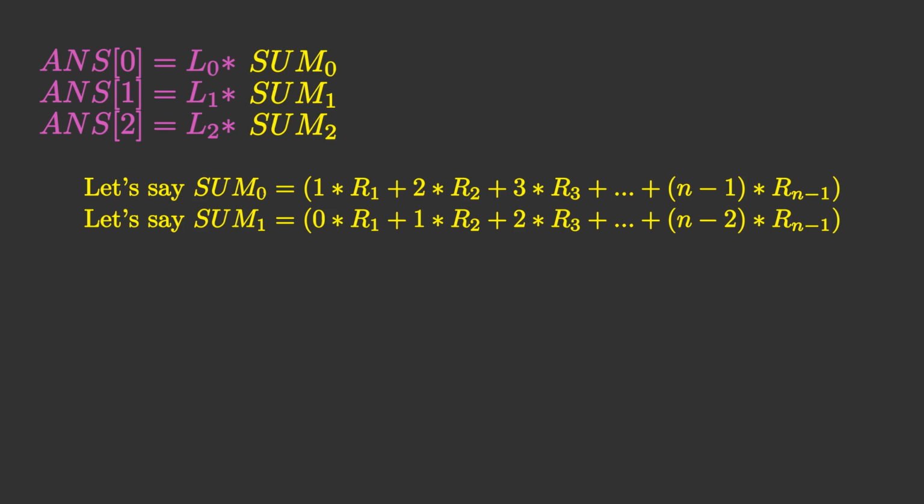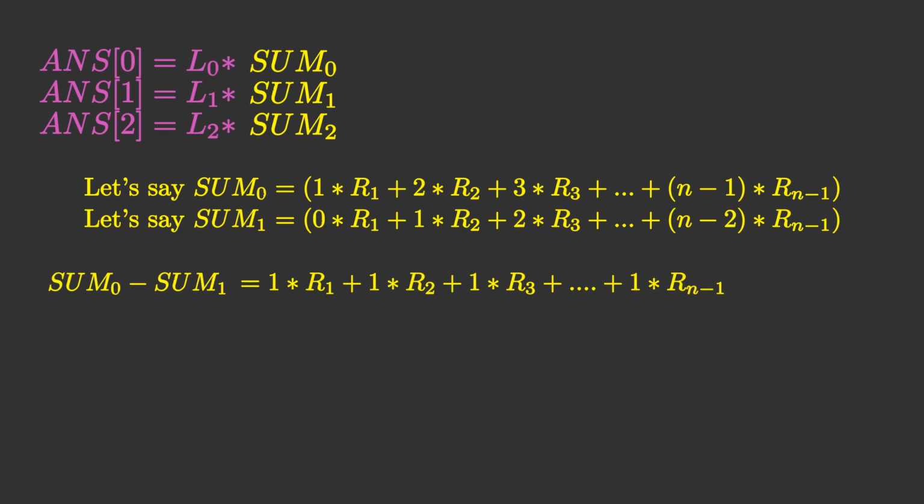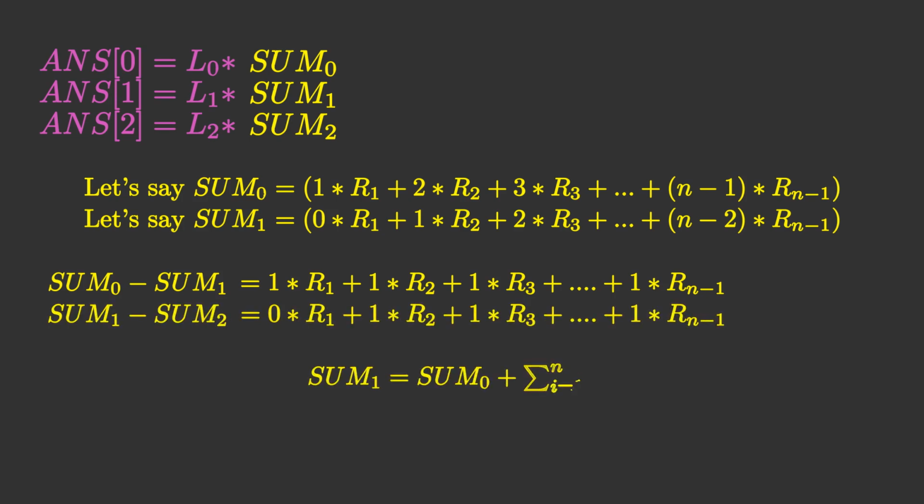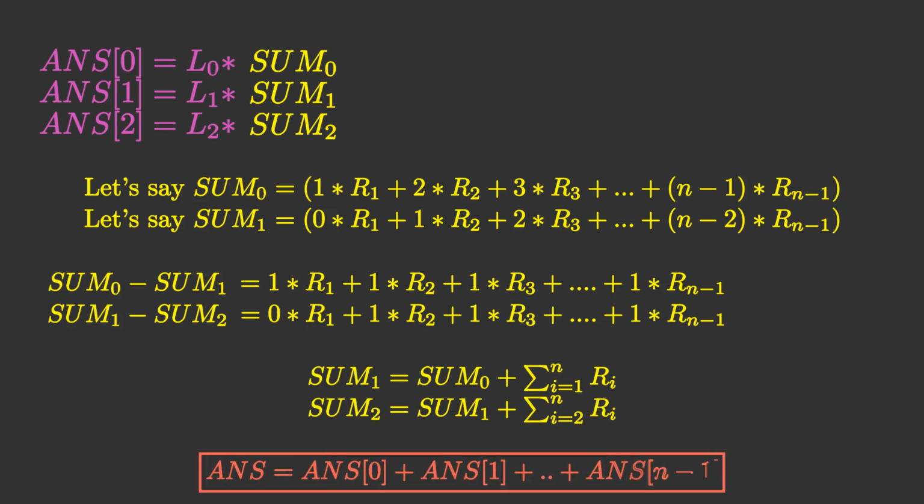Now we want to find out what is the relation between sum 0 and sum 1. You can see if we subtract sum 1 from sum 0, our value will become like this. This is nothing but the summation of all the inflection points which we have. Similarly, if you subtract sum 2 from sum 1, we will see this will be our value, which is the summation till R2. And this is the suffix sum.